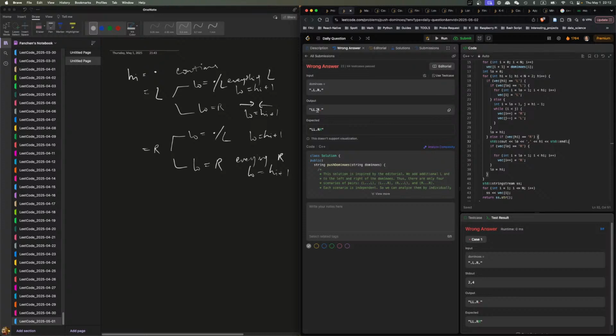Wait, hold on a second. This is a 1, 2, 3, 4. Yes. 4. i is 0, 1, 2. i is 2. Perfect. Because it's left to right, so nothing changes. So low equal to high. So low now becomes 4, right?